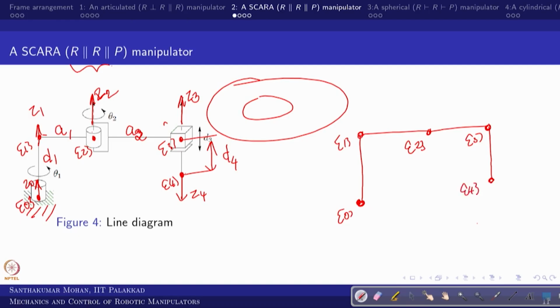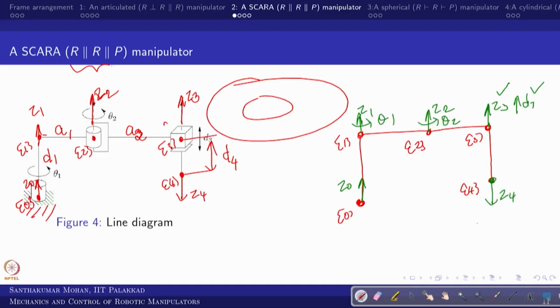In that sense, this is z0, this is z1, this is z2 and this is z3. This is a distance variable, d3 is variable, in this case theta 2 is variable and in this case theta 1 is variable, and in this case I took it in the opposite direction.